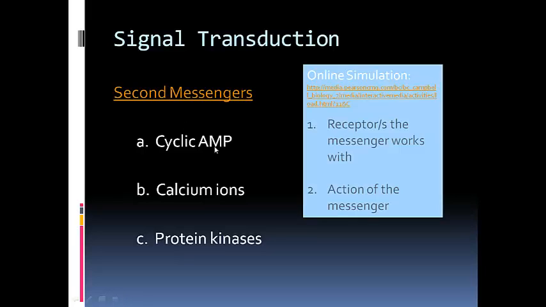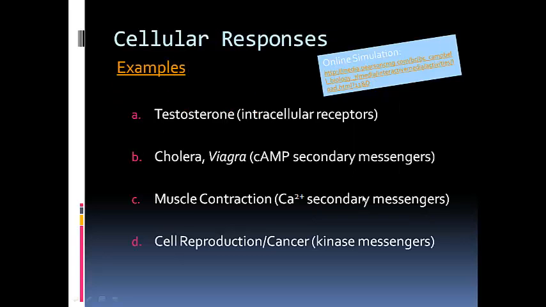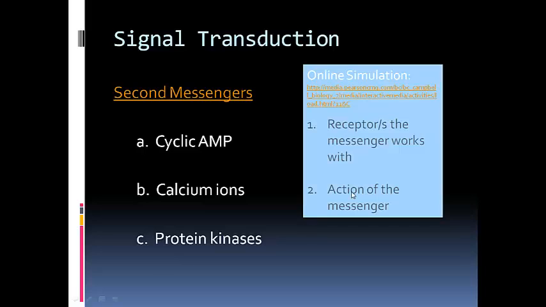So this is the messenger here, cyclic AMP. Which type of receptor from before does the cyclic AMP actually work with? And then what is the action of the messenger? What does the cyclic AMP do once it gets a message from the receptor? Again, use the online simulation to figure that out.